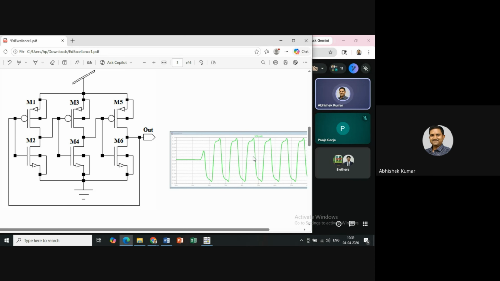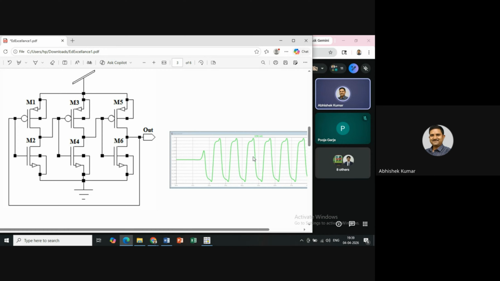So I suggest everyone try taking different numbers of inverter stages, but only odd numbers, and measure how much frequency you obtain. Okay, up to here comfortable? Fine. So now let me proceed.